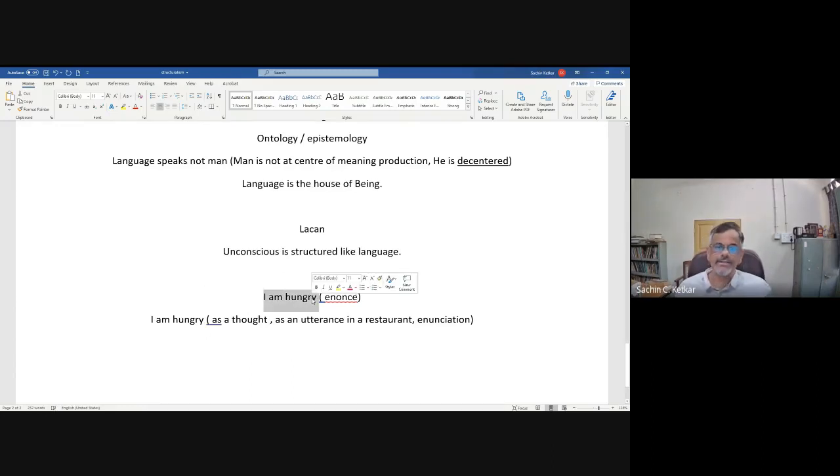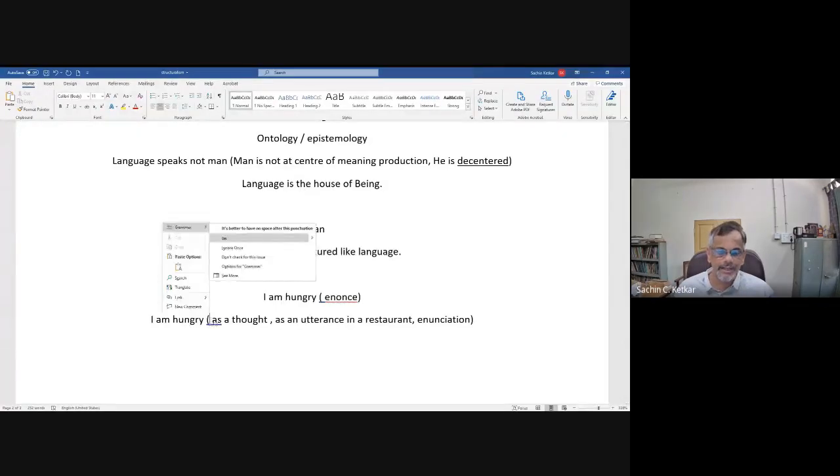This is mere grammatical structure. But here, "I" is meant to mean Tatsam or Sachin or Pankti or Riddhi, whoever. And "hungry" is a word, but it is used to refer to your own feelings that you're having in your belly. So in enunciation the grammatical structure comes alive. Right. So that is some of the key ideas of post-structuralism.